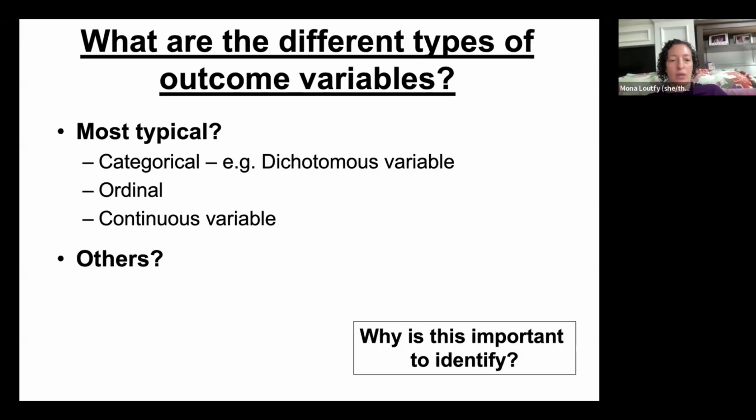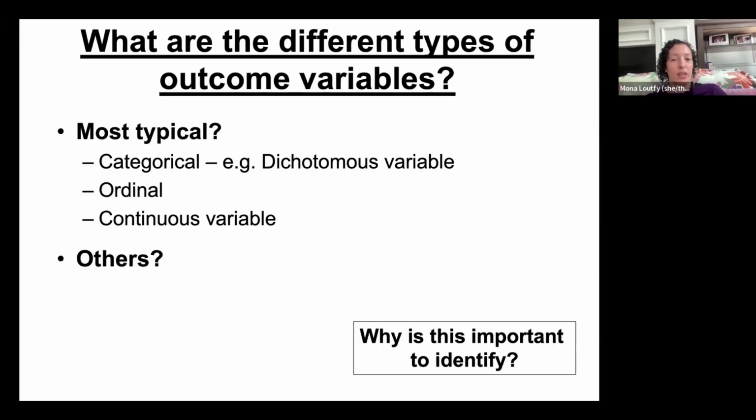A categorical variable is one where we take the variable and we divide it into categories. So that would be like, let's say, ethnicity. So we divide ethnicity as, let's say, white, black, indigenous, South Asian, Middle Eastern, Latino, Latinx, Asian, East Asian, South Asian. So you see, those are categories.